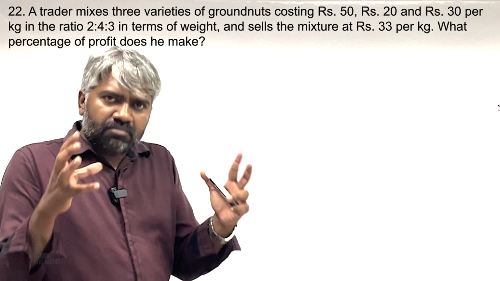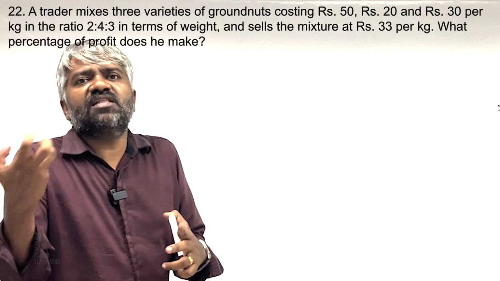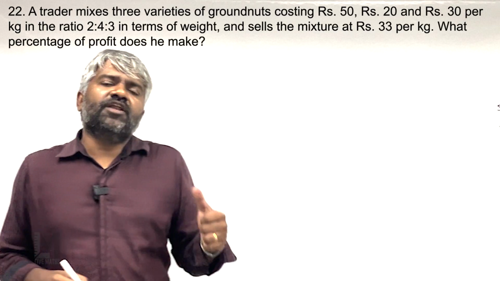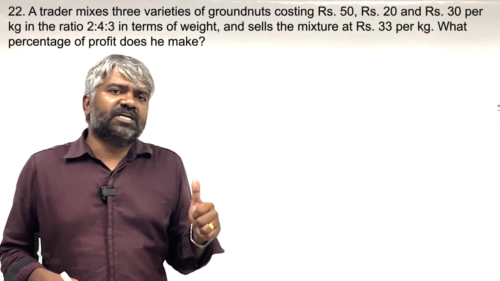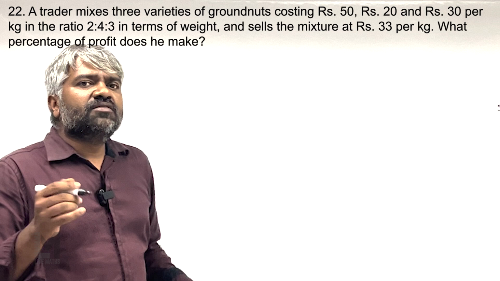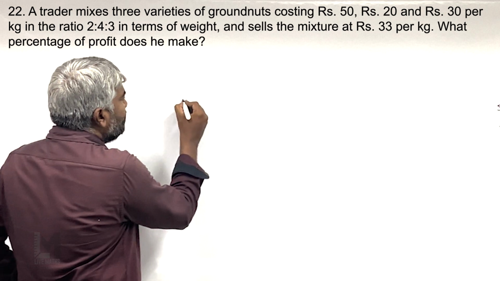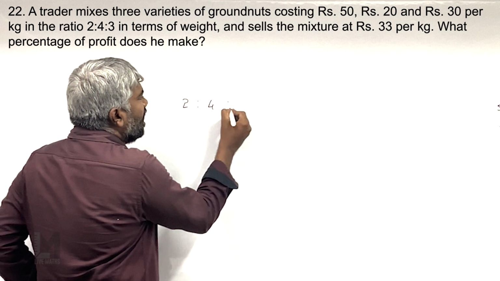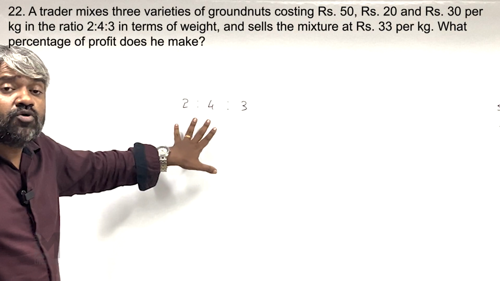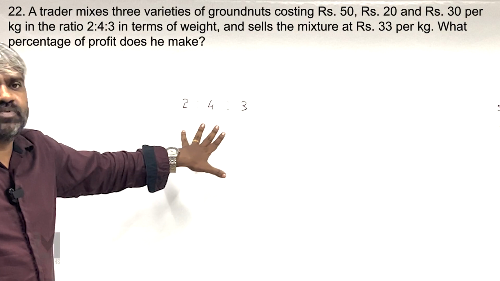And we are going to mix everything and sell the mixture at a price of 32 rupees per kg. Now we need to find the profit percentage in this case, right? First I will calculate the ratios of these groundnuts, which are 2:4:3.